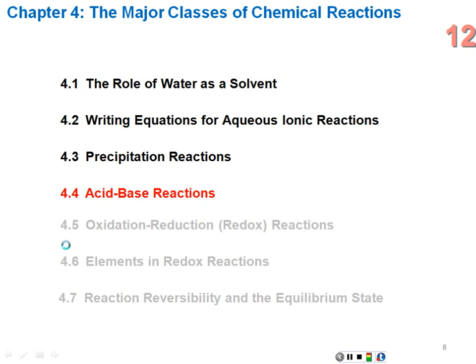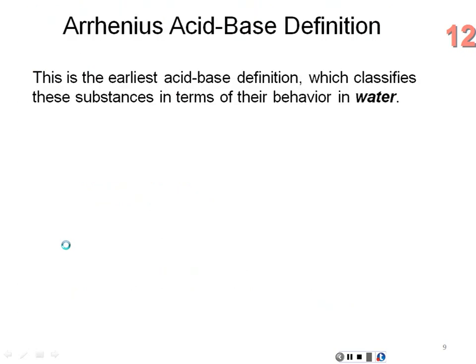So let's start with 4.4. The first definition of acids and bases would be the Arrhenius definition. It basically tells you what an acid or a base does in water.